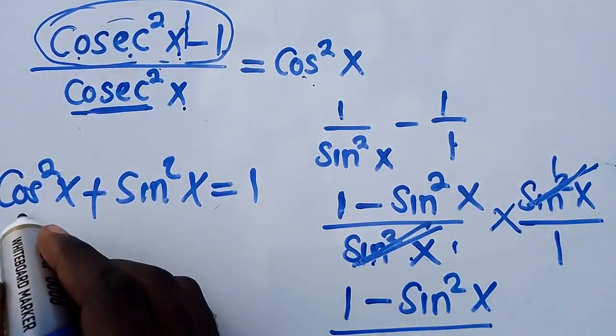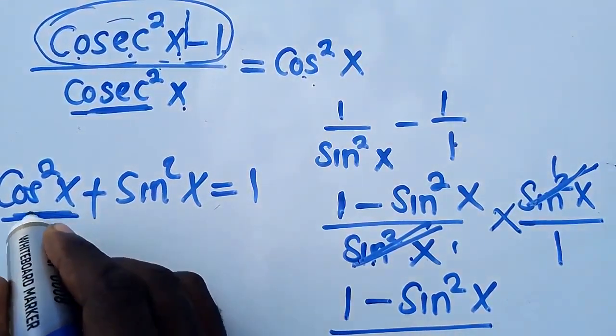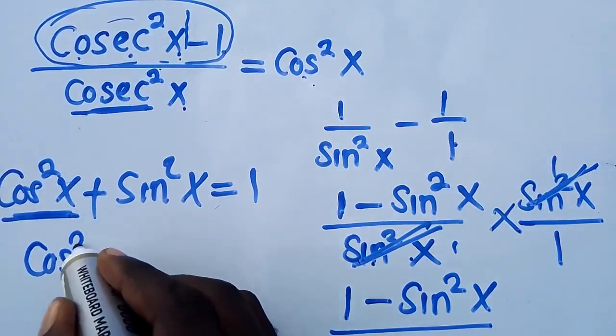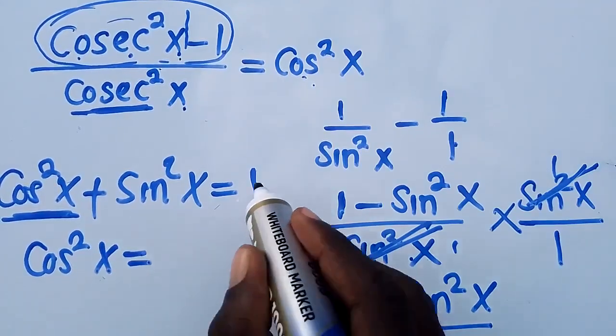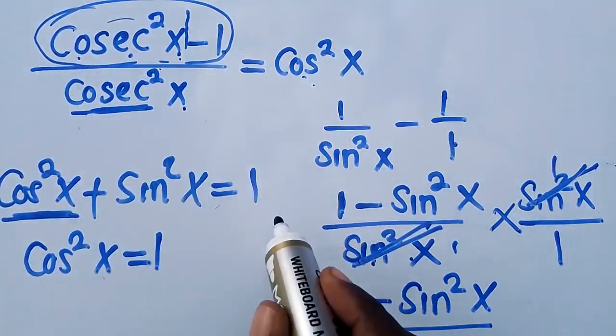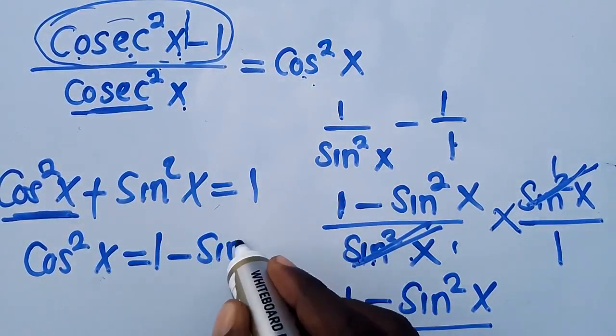Whenever you're talking about cos, cos squared x is equal to 1, and when sine squared x goes to the other side, it is minus sine squared x.